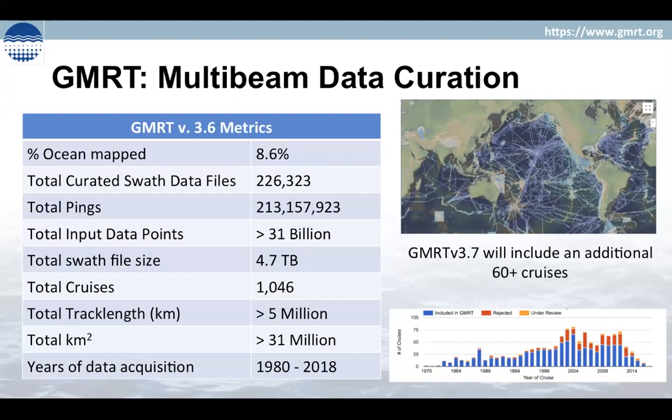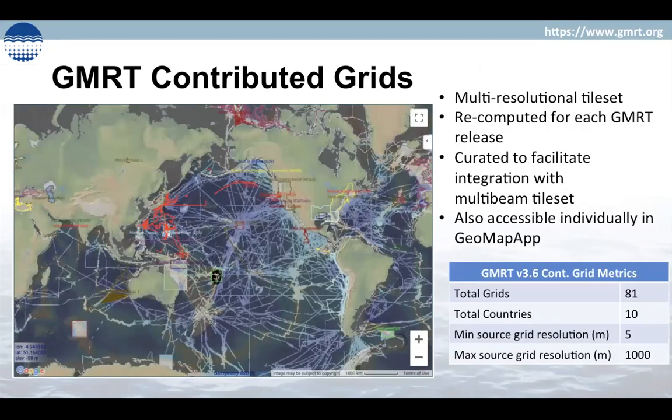The data that has been integrated through our multibeam curation dates back as far as 1980, and as of the last release went up to 2018. The new release, which is coming out in the next couple of weeks, is going to add 60, maybe a few more than 60 cruises, and will certainly extend the coverage pretty significantly, because we've got some pretty exciting data that's coming out in that release.